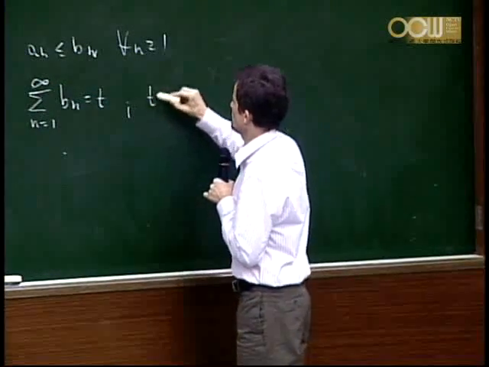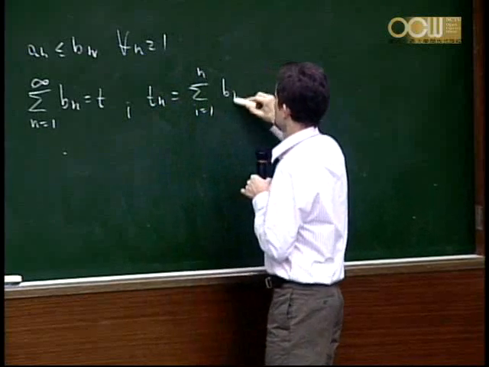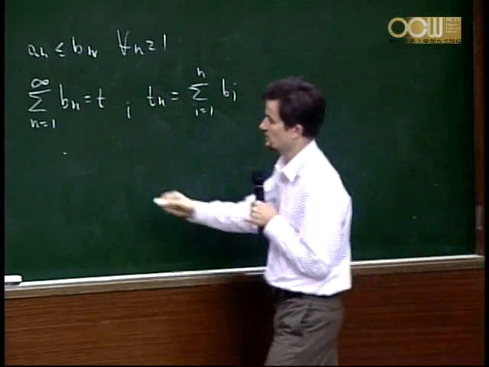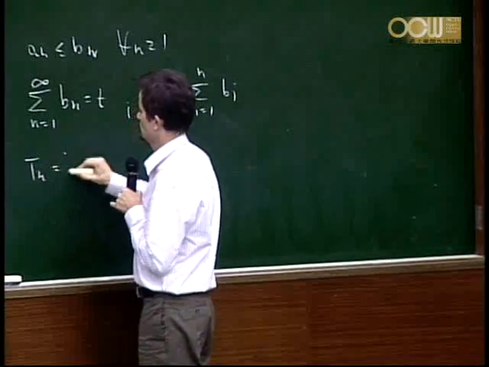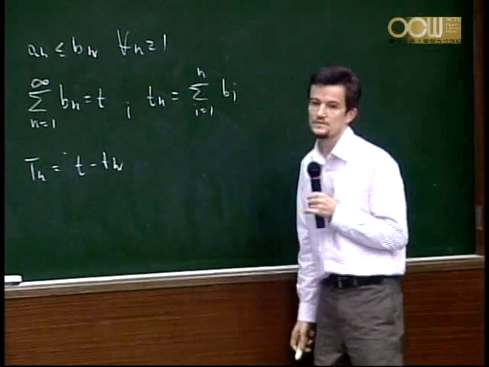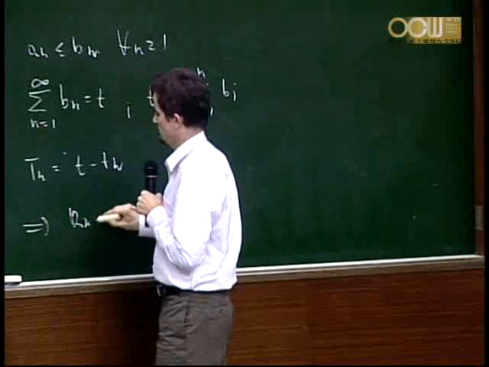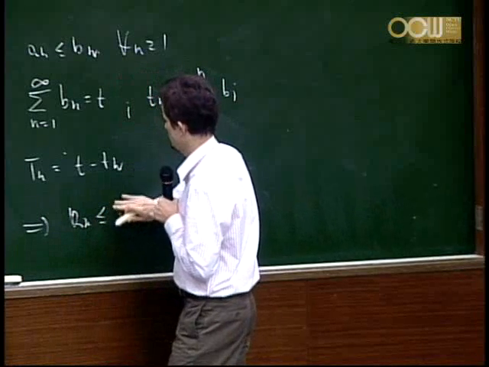Let's denote by T_n the partial sums of this series, and again we have an error, call it R_n for the second series, which is now T minus T_n. Now from this inequality we obviously get that R_n is smaller or equal than the error of the second series.